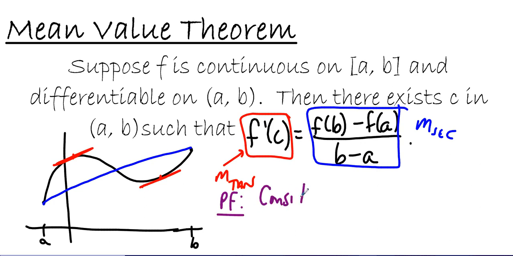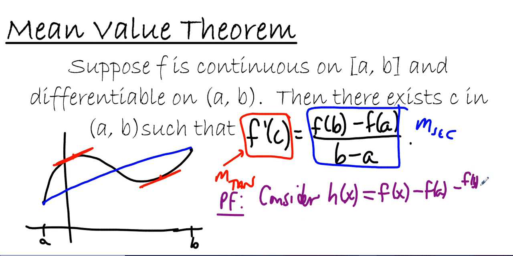To prove it, we bring in another function. We bring in the function h of x equals f of x minus f of a minus f of b minus f of a over b minus a times x minus a. That's f of x minus f of a minus this slope times x minus a.